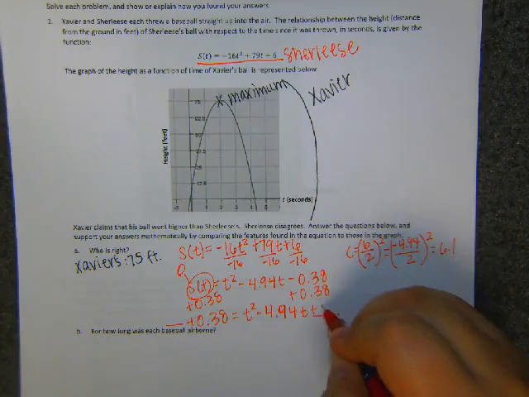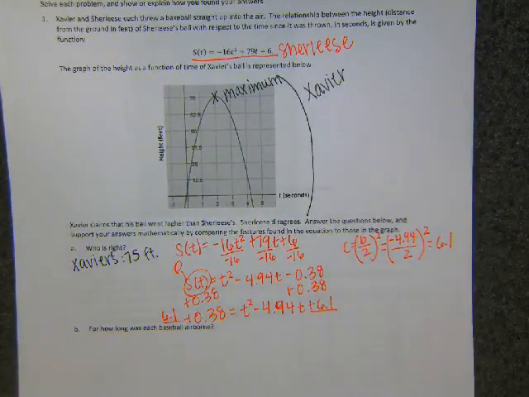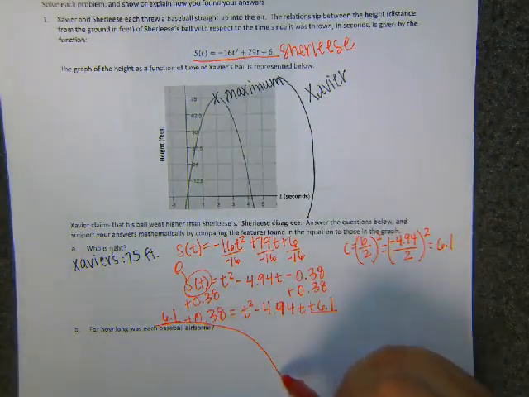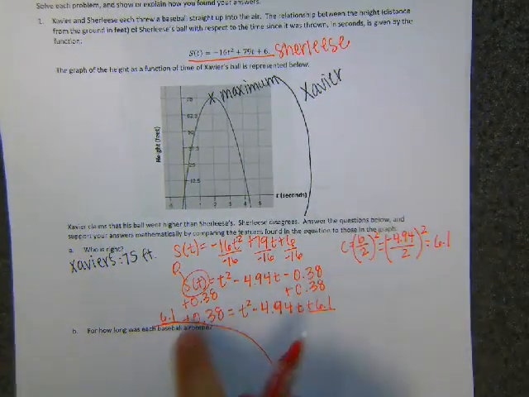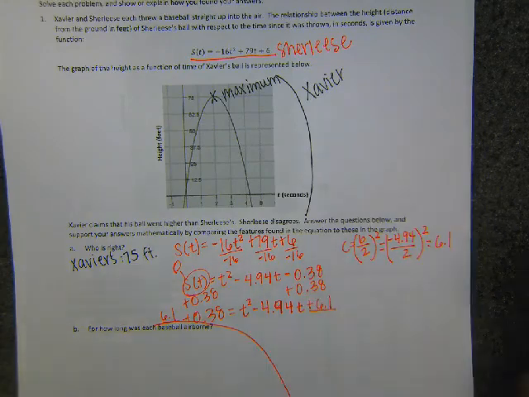So then we're going to add 6.1 to both sides. When we add 6.1 to both sides, 6.1 plus 0.38 comes out to 6.48.